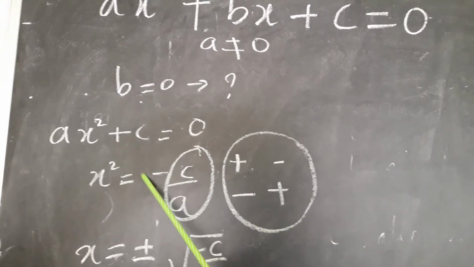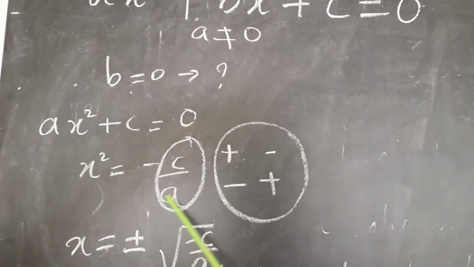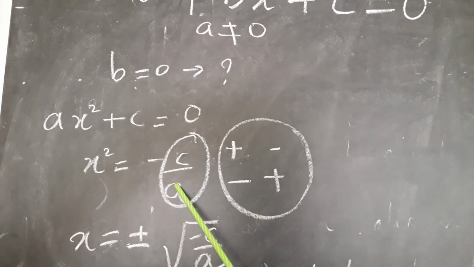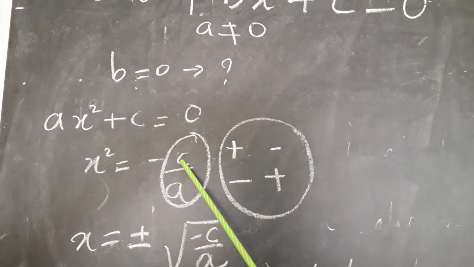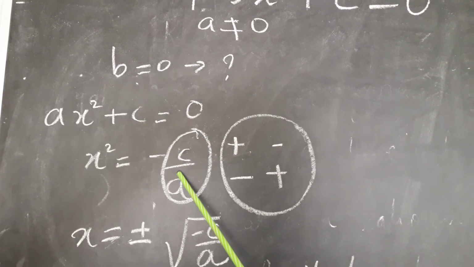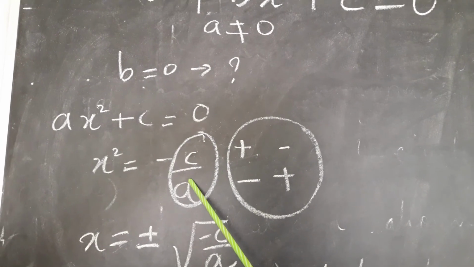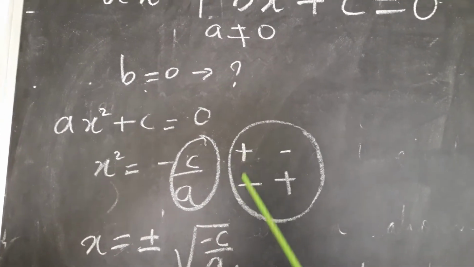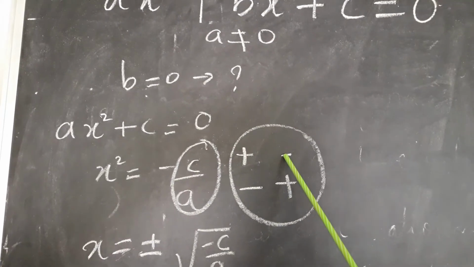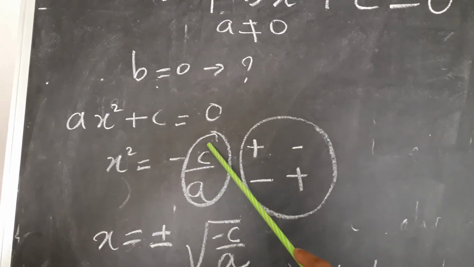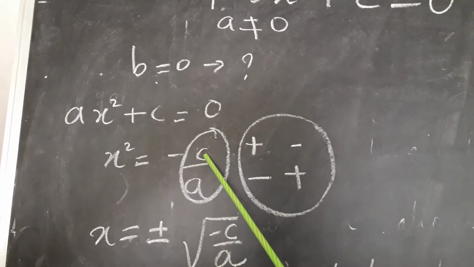Now when will this be positive? We have a minus outside. c divided by a has to be negative, so either c is positive and a is negative, or c is negative and a is positive. Then c by a is negative, and minus into minus is plus.